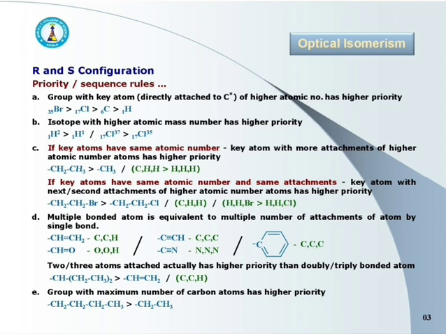In next example, that is in benzene ring, key carbon has the attachments C, C, C, that is carbon, carbon, carbon.